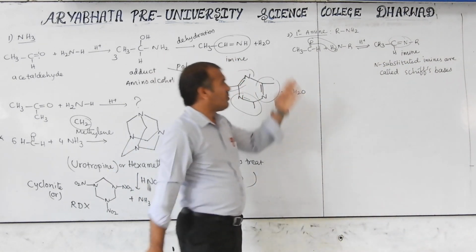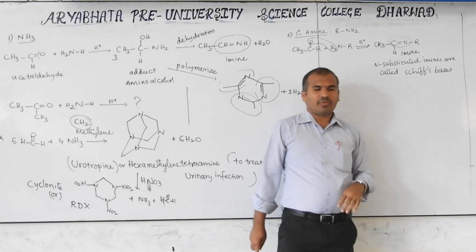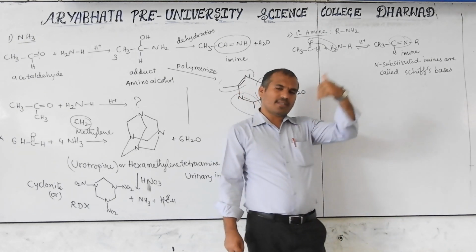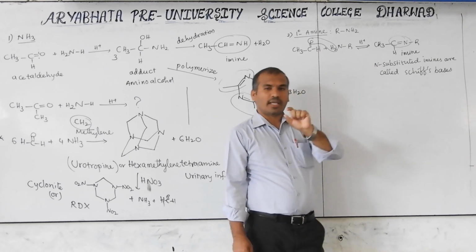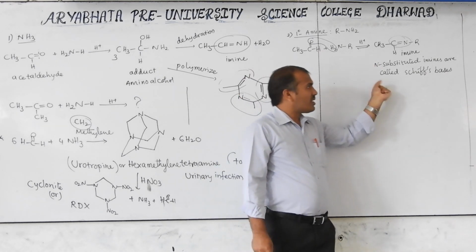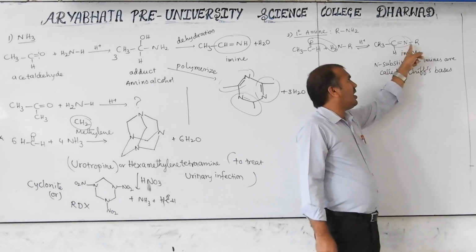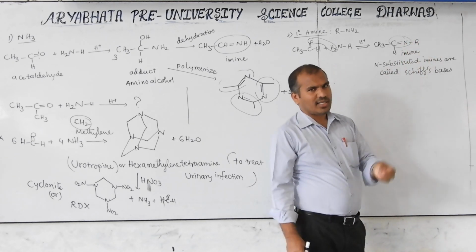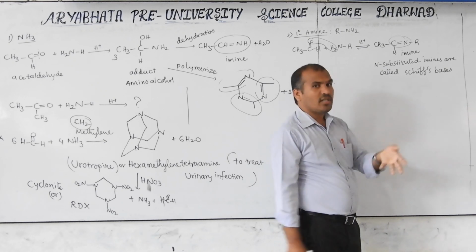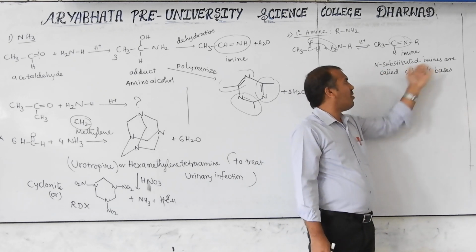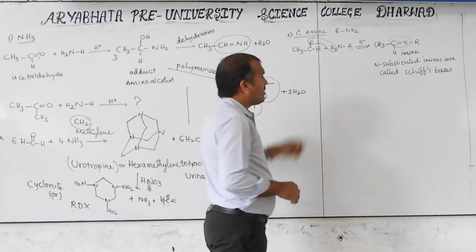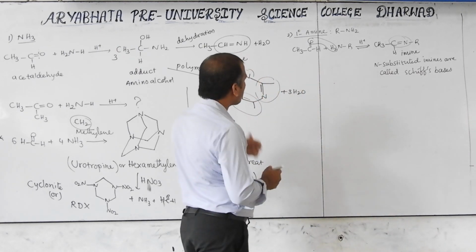Name. An example is there in this line: which of the following is known as Schiff's base? Schiff's reagent is separate. The latter one is Schiff's reagent. But here Schiff's base means any N-substituted imine. It means on nitrogen any methyl, ethyl group is substituted, or benzene also. So such types of imines are called Schiff's bases. Very important. This is with the primary amine.